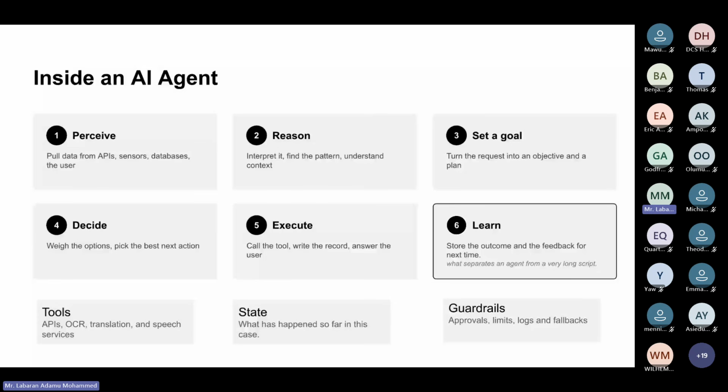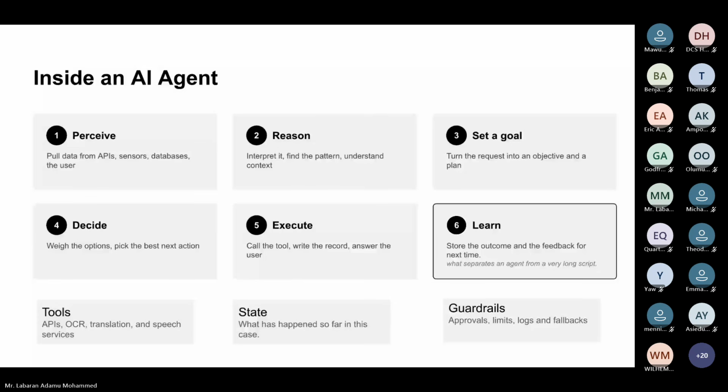The next thing, after setting the goal, is that the agent has to perceive and understand the goal. The agent has to read, understand and pull all the records and all the information pertaining to that goal.